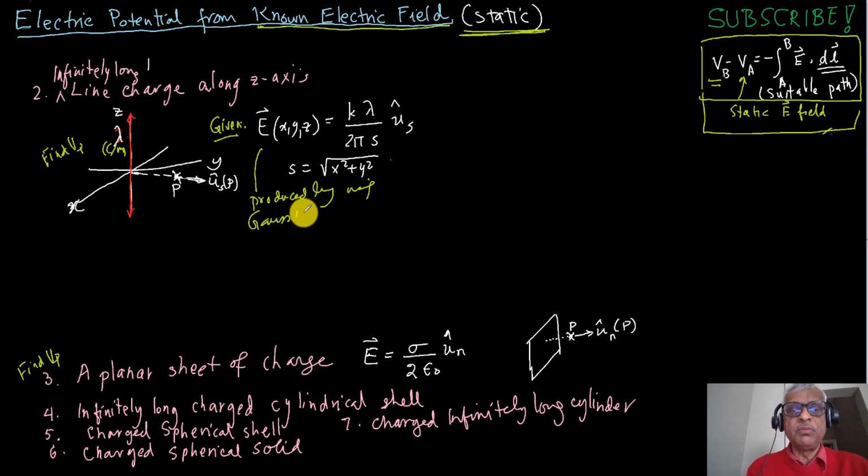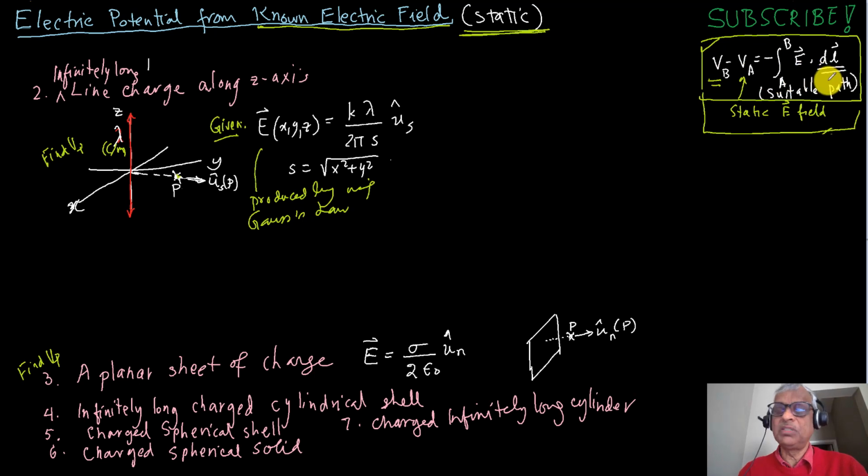There's a video where you can see how this formula is produced. But suppose I have been given this formula for the electric field, and I want to know what the potential is going to be. Okay, so we do exactly the same thing.